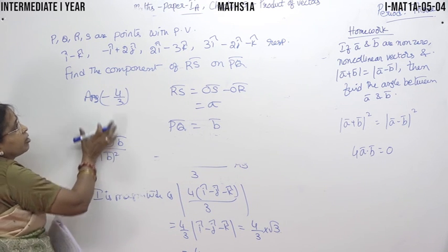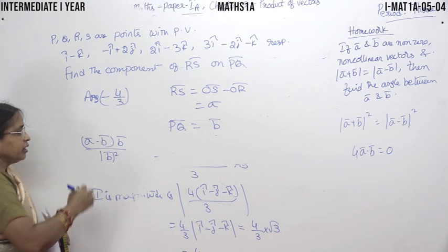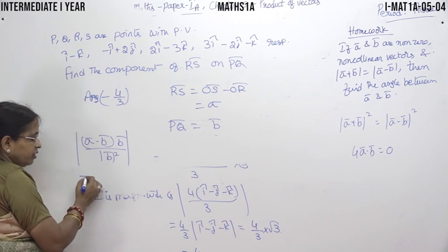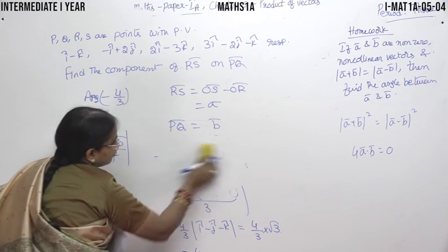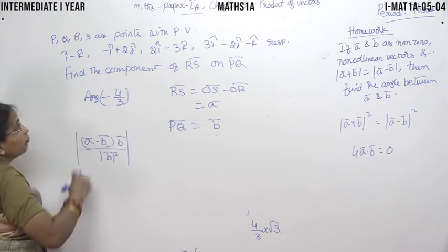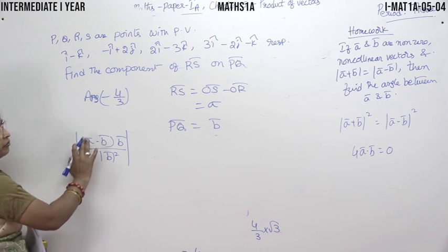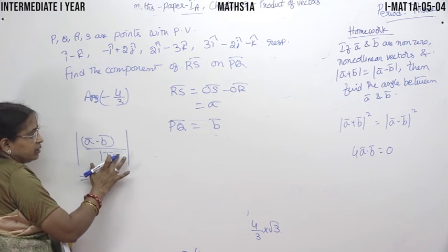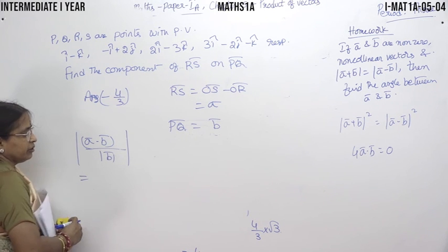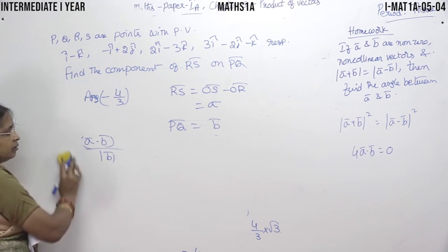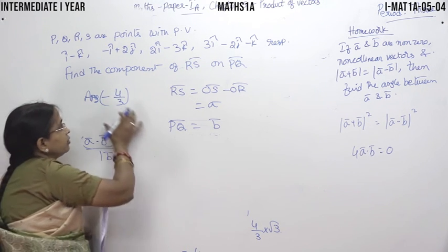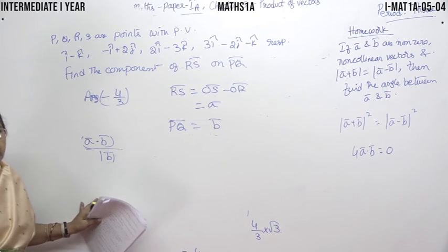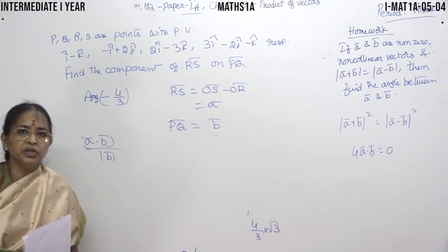This is the vector component, but he said only component, so I'll find the modulus of it. When you find the component of A on B, one mod B will get cancelled. So you will be finding A dot B by mod B. So that is your value, minus 4 by 3. You can try this problem. We'll continue in the next period.